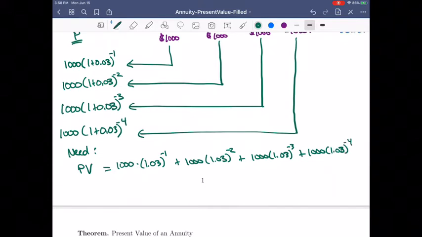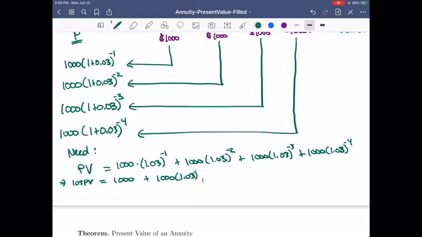I need to have that now. Using the same trick as before, if I multiply by 1.03, then this one is just 1,000. All the powers, because they're negative, actually increase by 1, but the numbers themselves get smaller.